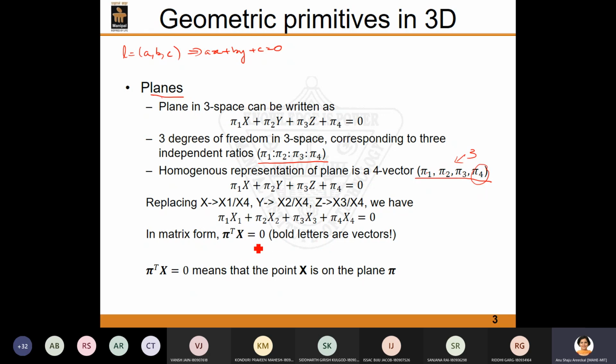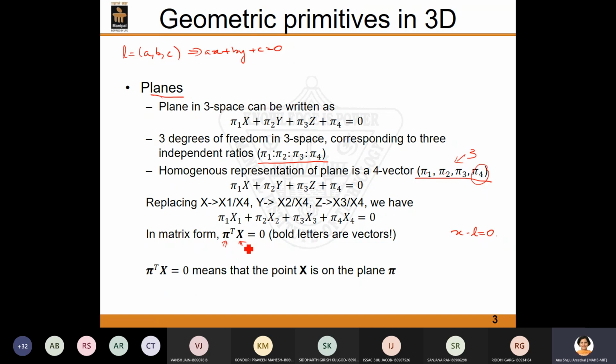Now, in the 2D space, if there is a point X which lies on a line, as I said earlier, all we do is take the dot product of these two to see whether the point lies on the line. A similar concept applies here. Let's say X is a point and pi is the plane we are considering.